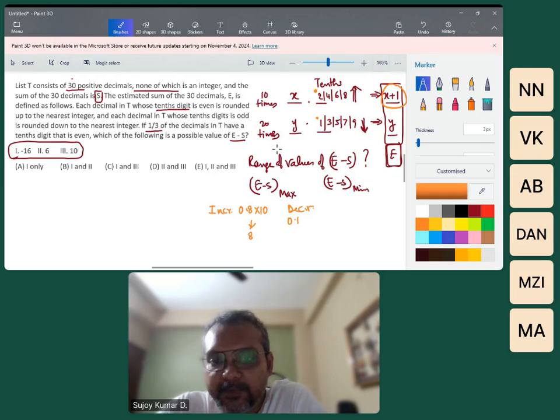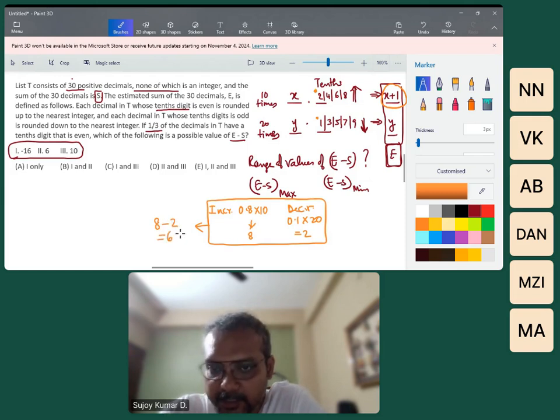But how many times? 20 times. So that means decrease is 2. So that means you will have a net of 8 minus 2, 6 difference in the estimated sum versus the actual sum S. So that means E minus S maximum could be 6. Maximum E minus S is 6.